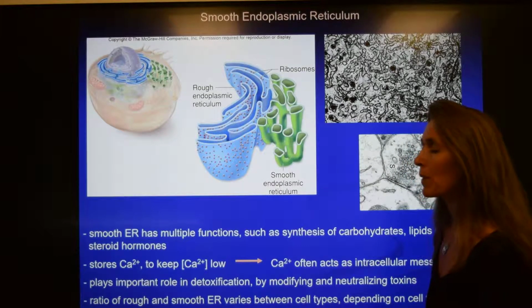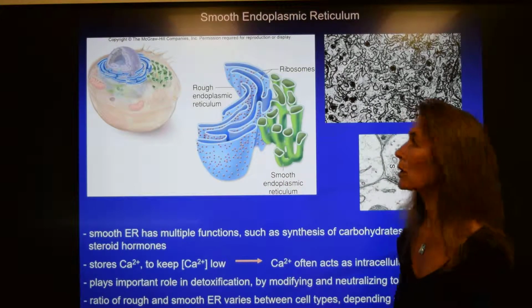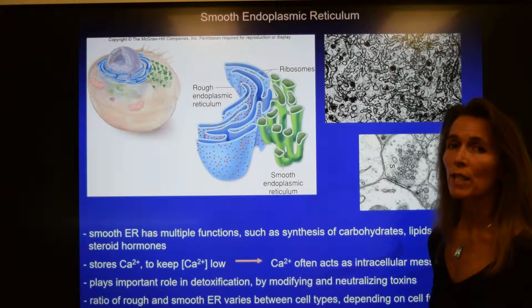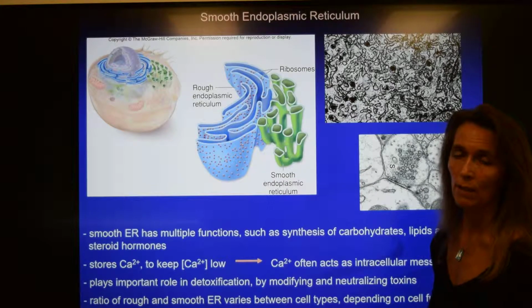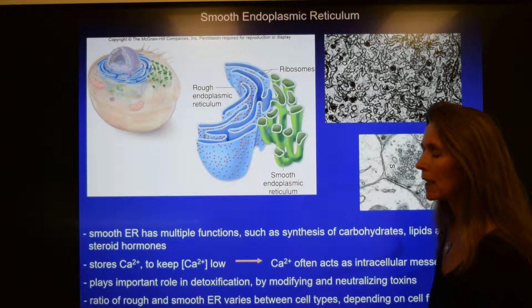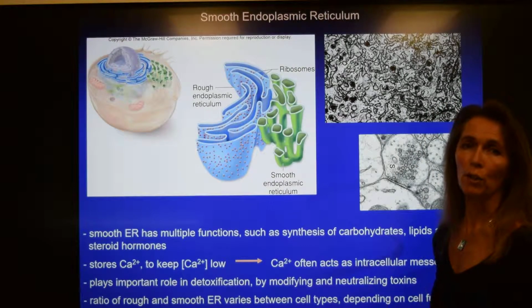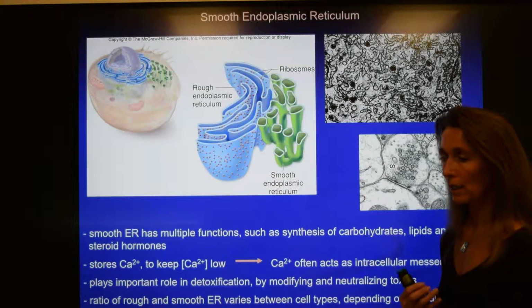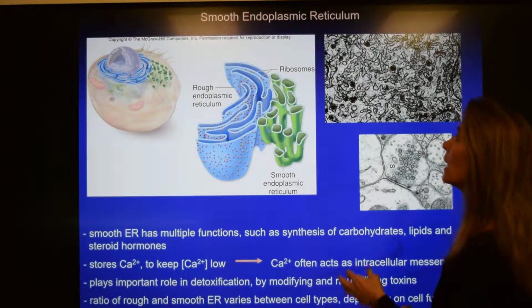At the same time, there are enzymes within the smooth endoplasmic reticulum, and those enzymes, for example, are important in detoxification processes, particularly in liver cells that are important for detoxification of substances that we ingest, for example, alcohol.